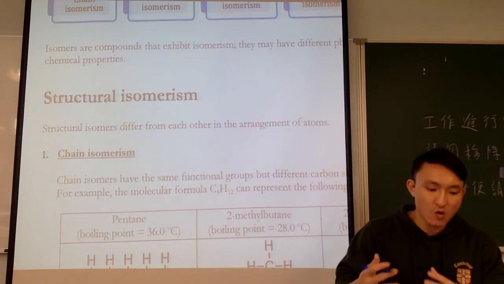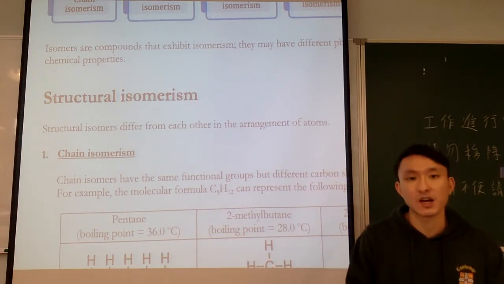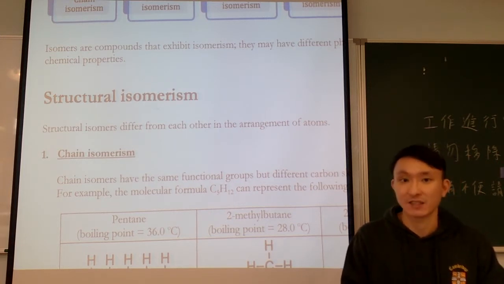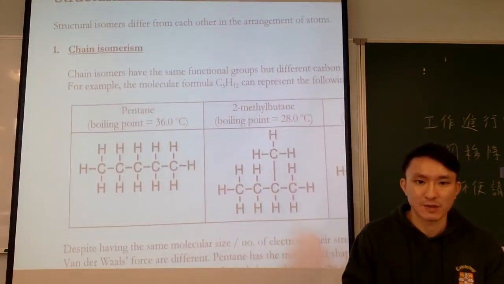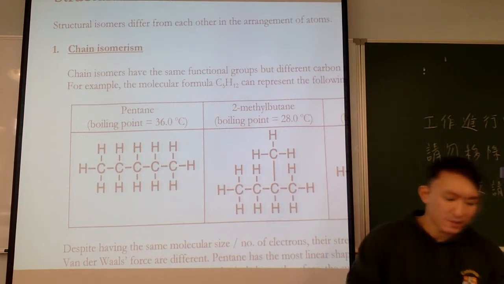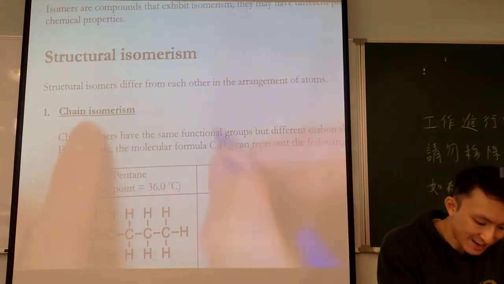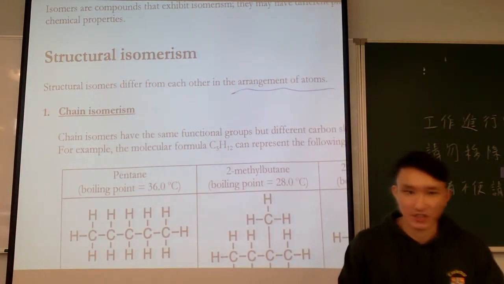As we go through this topic, this chapter, we will see sometimes isomers could have different physical properties, and even they may react differently. Okay, so we will look at it as we move on. Now, okay, let's focus on the structural isomerism. Okay, so again, different arrangement of atoms, or different structures basically.